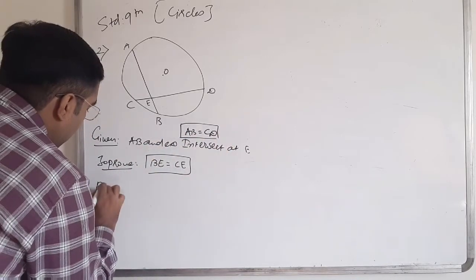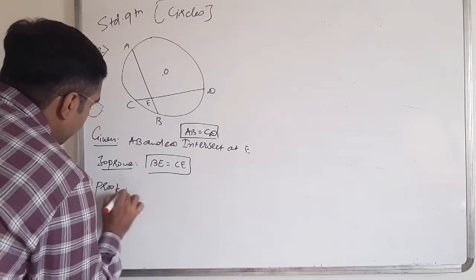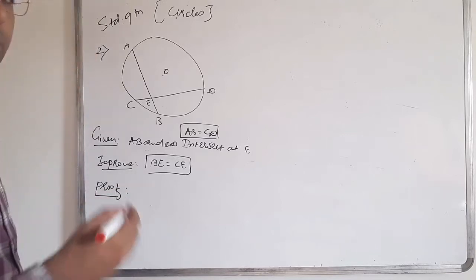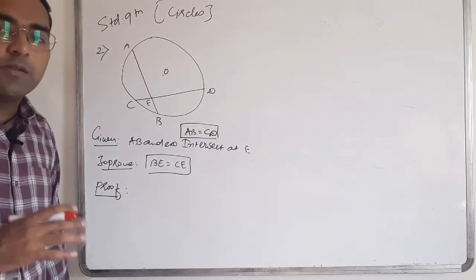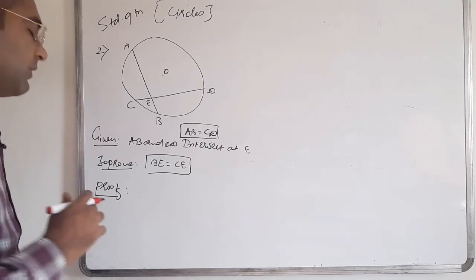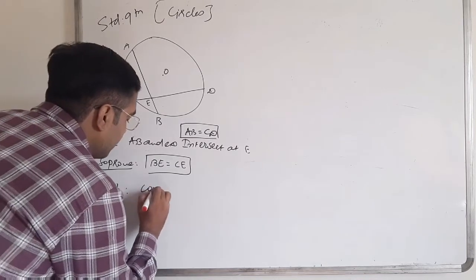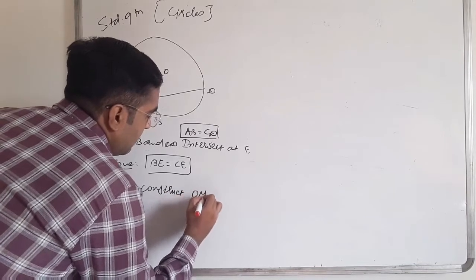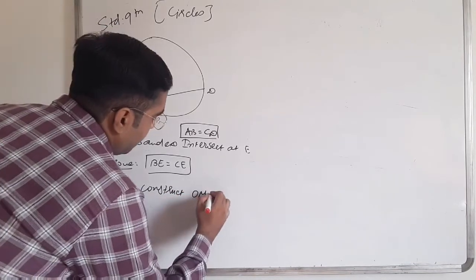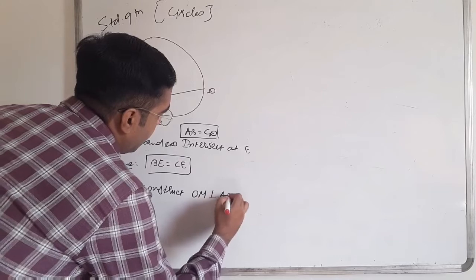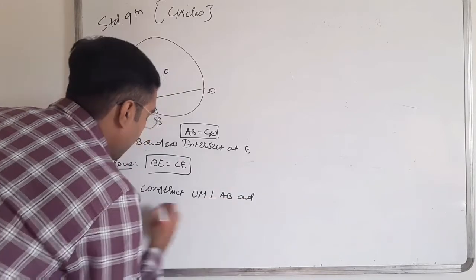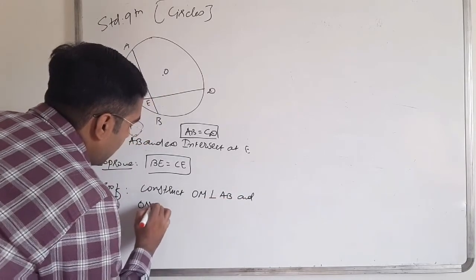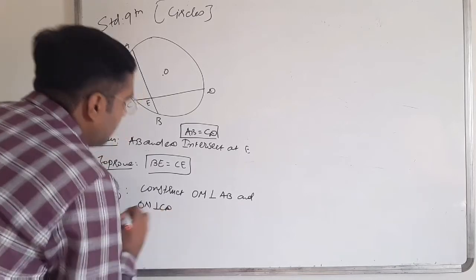So let's start with the proof. First of all, in the proof we have to construct some small things. Construct OM perpendicular to AB and ON perpendicular to CD.